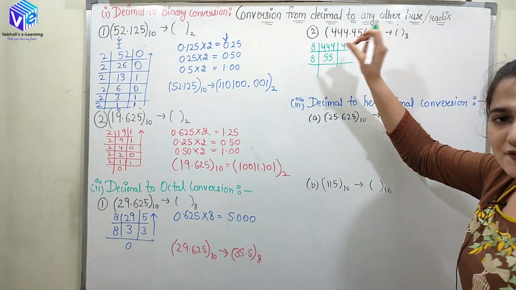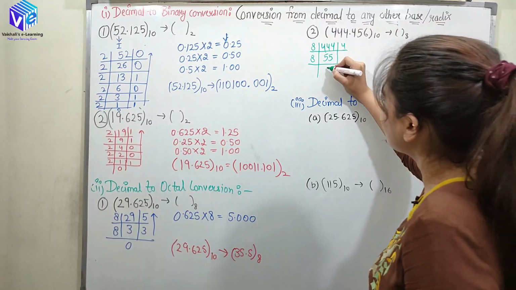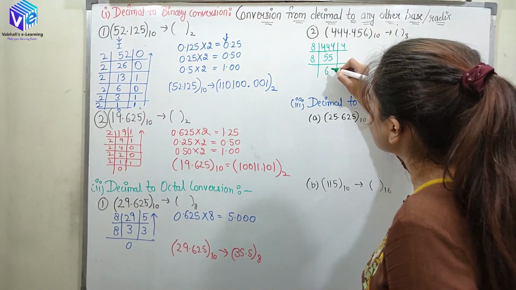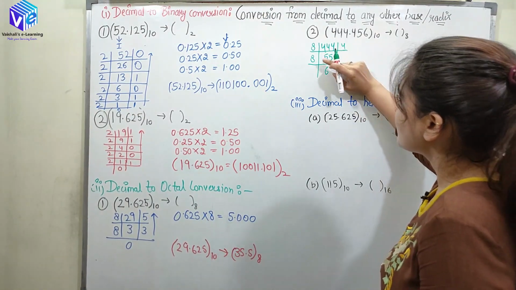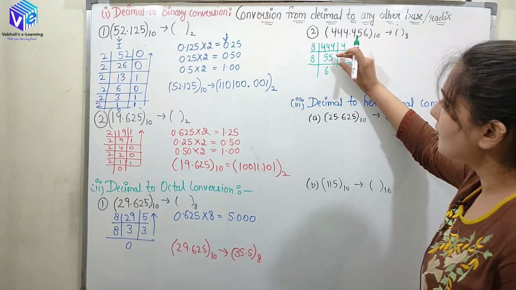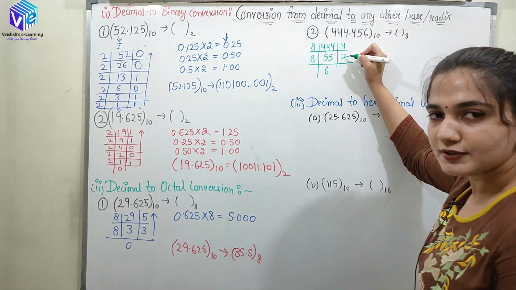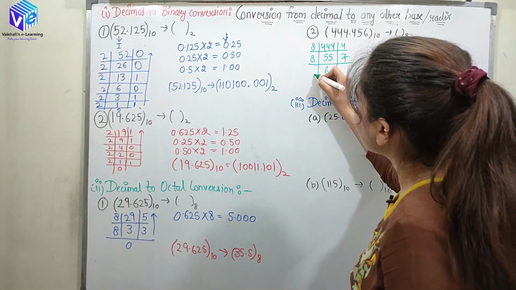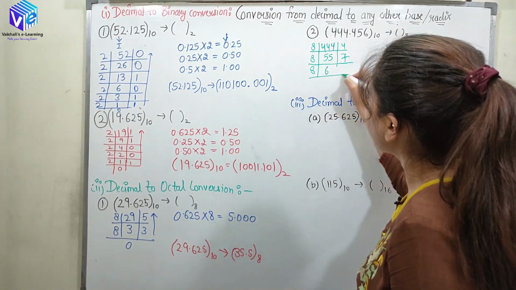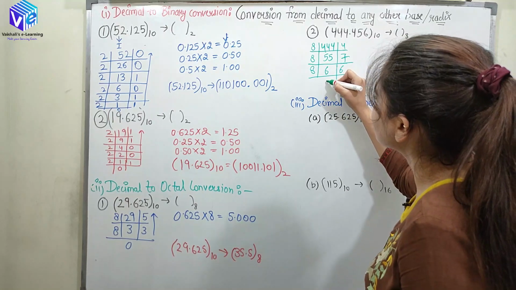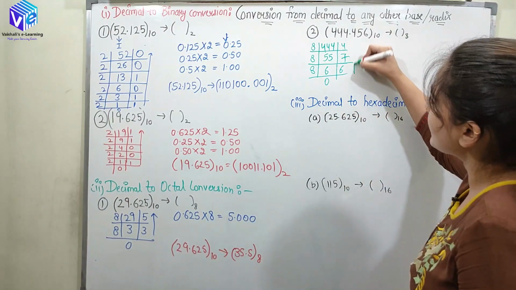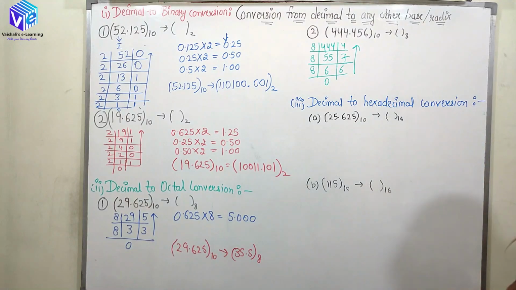When I divide 55 by 8, the quotient is 6. 8 sixes are 48, and when you subtract 48 from 55, you get 7. Again you divide 6 by 8, and you get the remainder as 6 and the quotient as 0, and you have to move from bottom to upside, right?